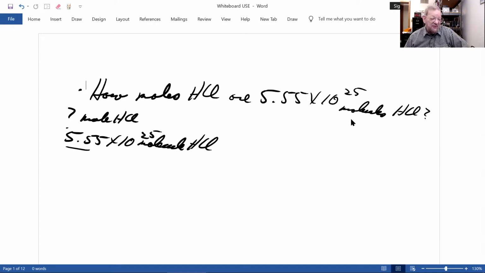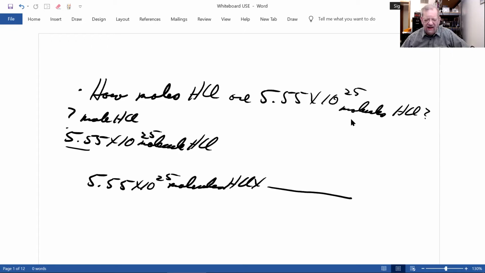This is the only number we have to start with, so I'm going to start with it. And now, if I could convert this in one step, what units do I want my answer in? And that's moles of HCl.